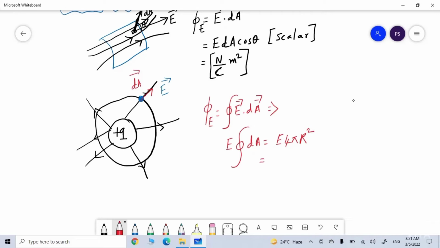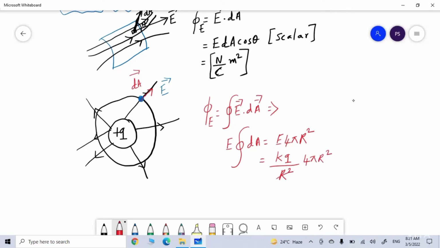Now we know the electric field is K Q by r square, and this is multiplied by 4 pi r square.